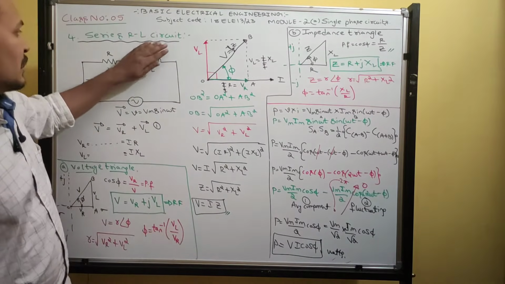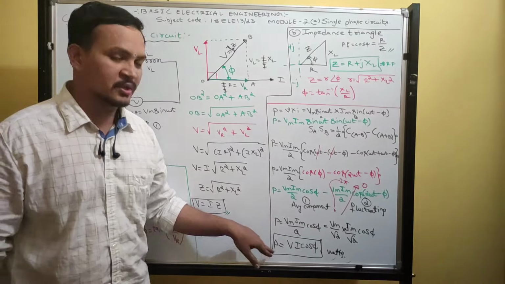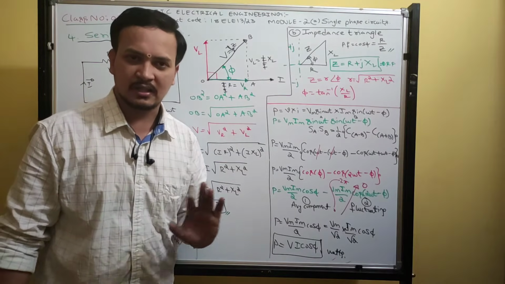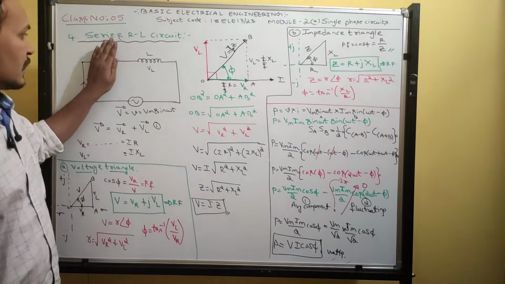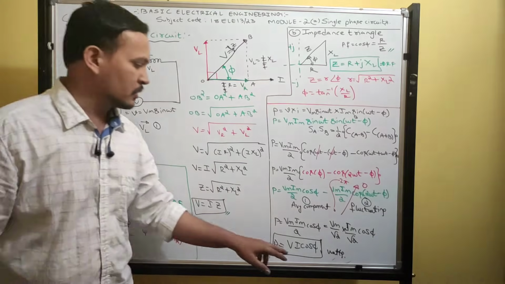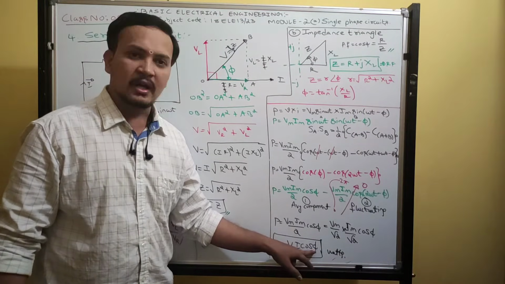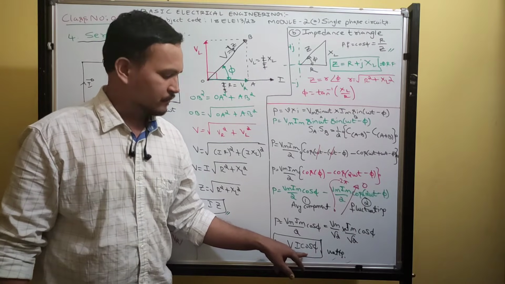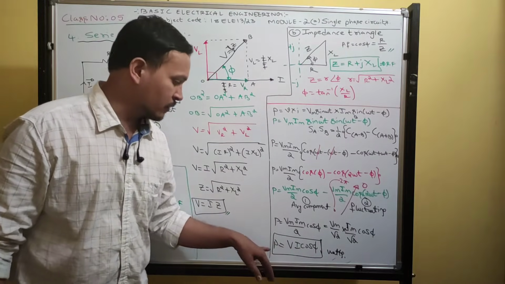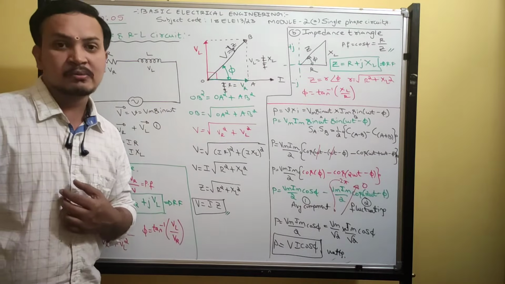So if it is a pure resistive circuit, the power consumed is voltage into current. Next, pure inductive circuit. What is the angle between voltage and current? 90 degree. Put pi equal to 90. What is cos 90? 0. 0 into something is 0. Therefore, a pure inductor never consumes power.